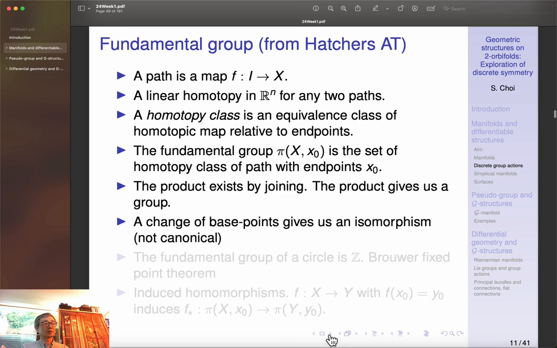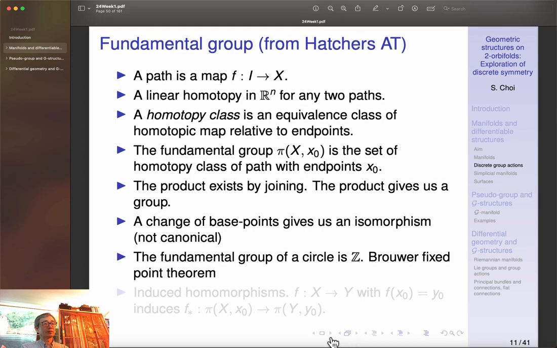The change of base point gives us an isomorphism, but this is not a canonical isomorphism. If you have two points, a path between the base points will give you an isomorphism. If you have different paths which are not homotopic, then the isomorphism might be different. So it's not a canonical isomorphism.